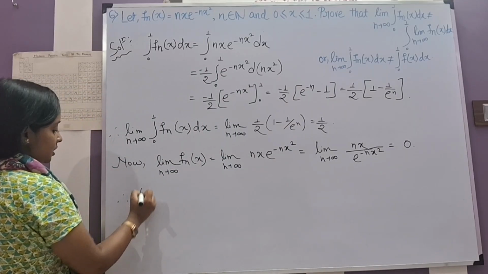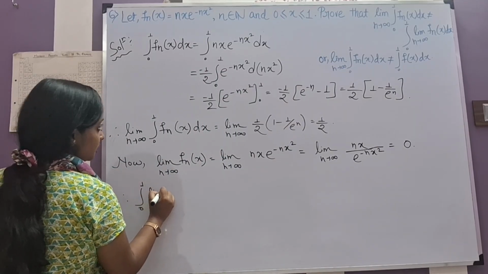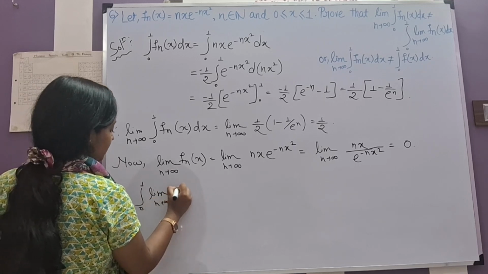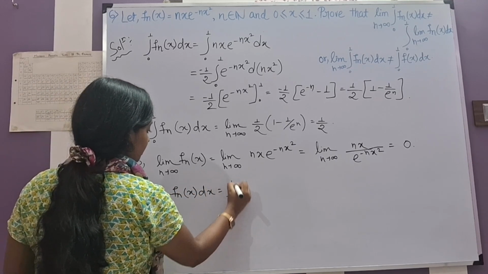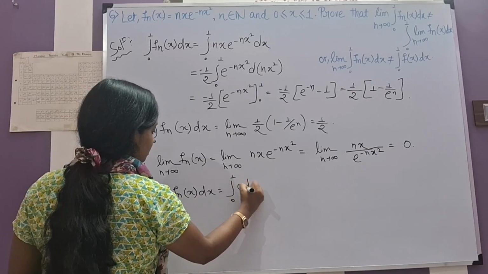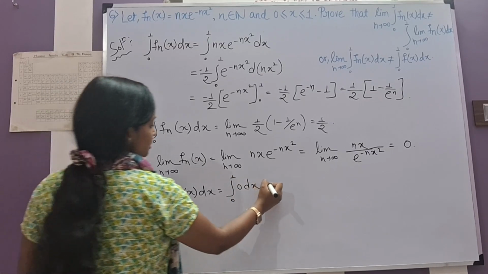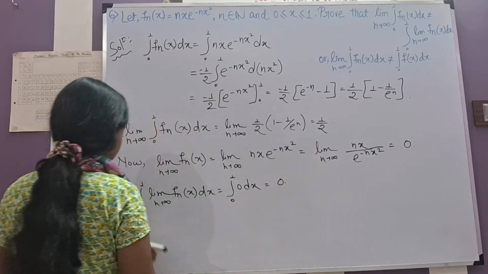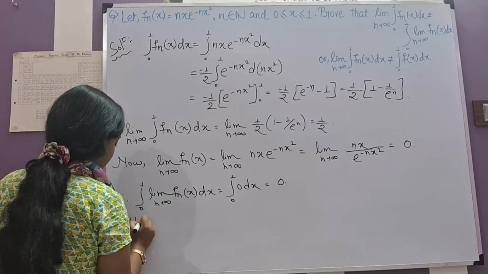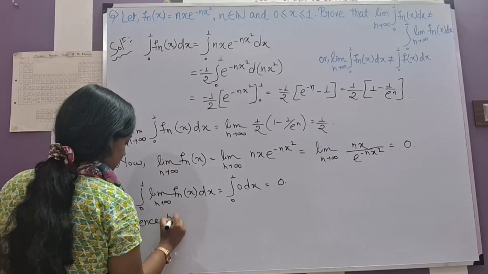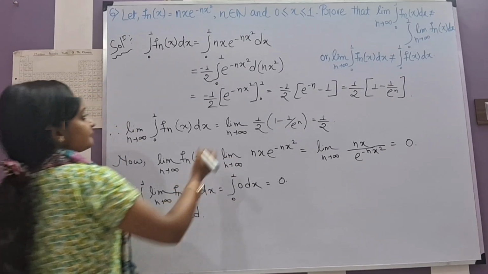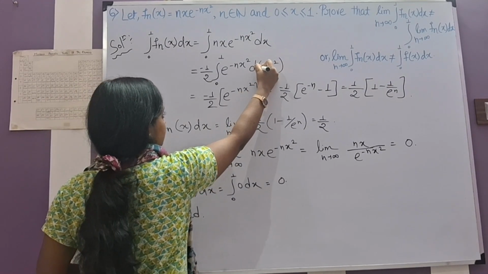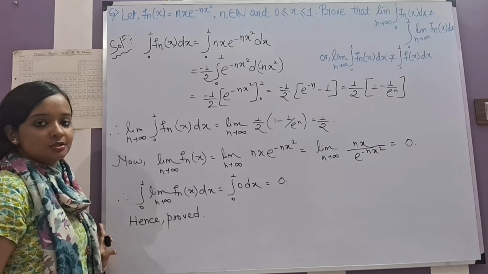So integration 0 to 1 limit n tending to infinity fn(x) dx is equal to integration 0 to 1 of 0 dx, equal to 0. Hence proved. Here it will be d of minus nx square.